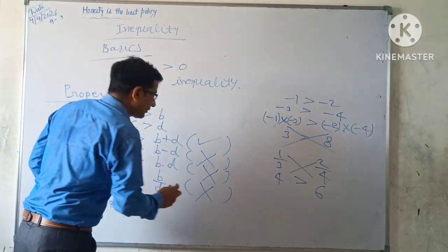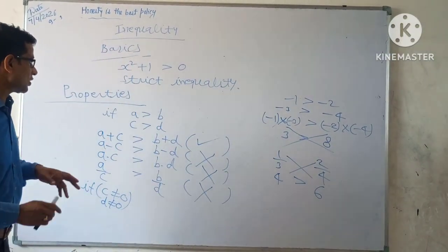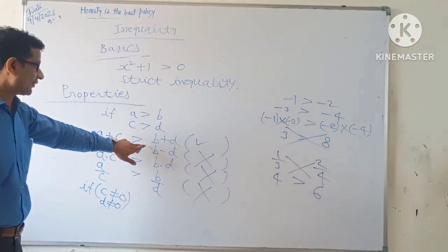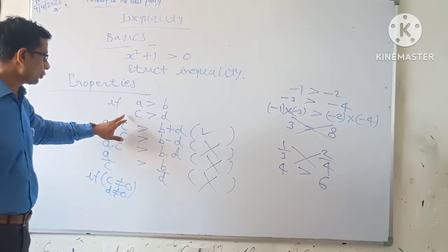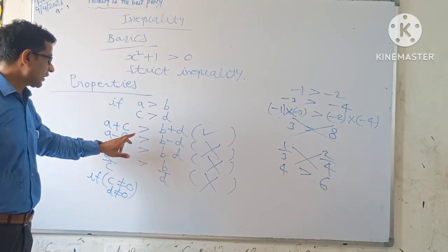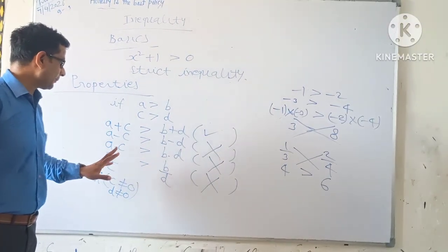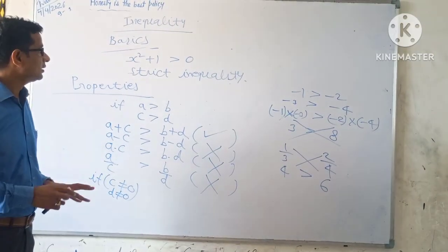I want to say that two inequalities of same nature can be added only. If A, B, C, D are unknown, then we can add two inequalities of same nature. We cannot subtract, we cannot multiply, and we cannot divide.